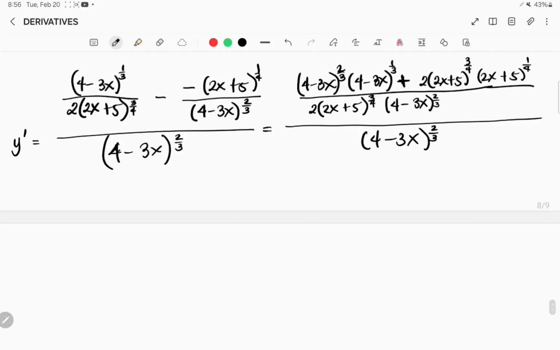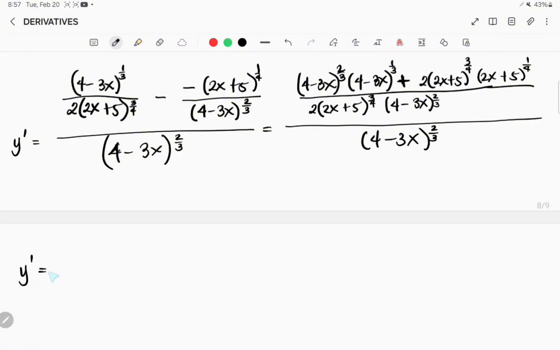So let's simplify the numerator of the numerator. So this is the numerator of the whole numerator. Since in our first term we have both 4 minus 3x, they have the same base, we have to add the exponent, as well as here in our 2x plus 5, 1/4 and 3/4 is to be added.